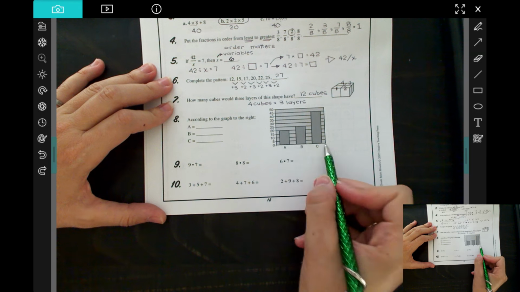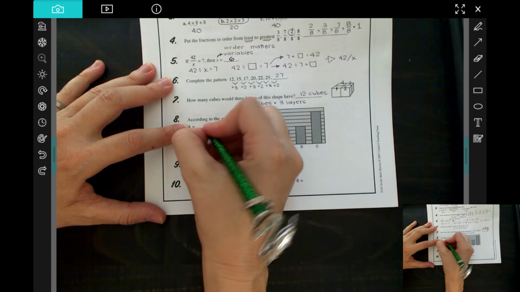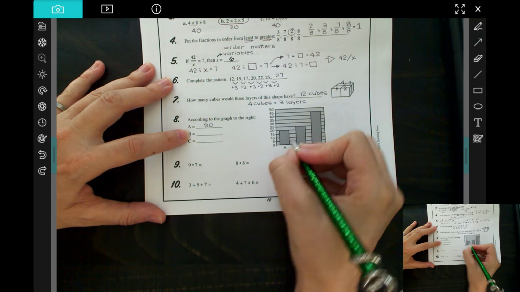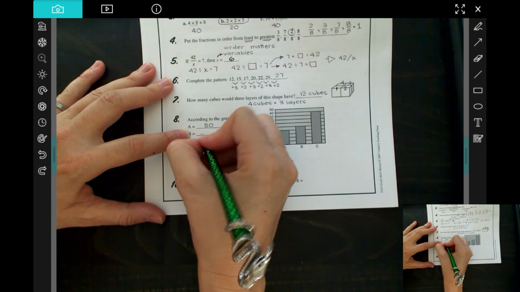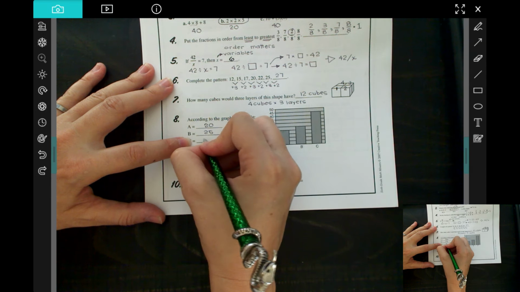Okay, looking at the graph here to the right, I have A, B, and C. According to the graph to the right, A is equal to 20. B is equal to 25. And column C is equal to 45.